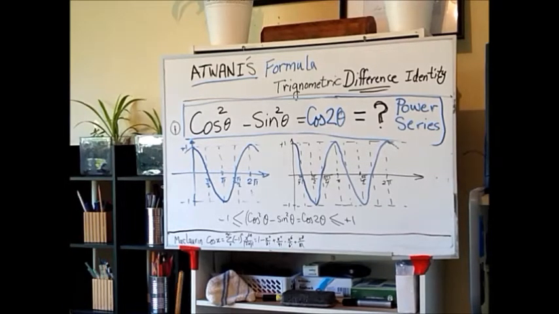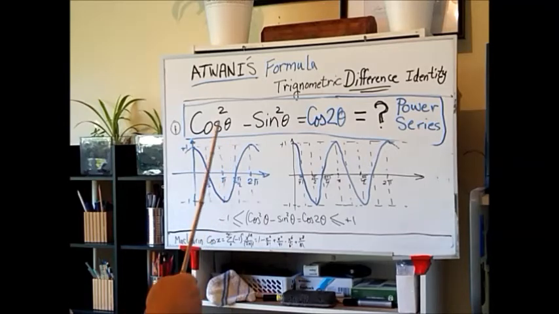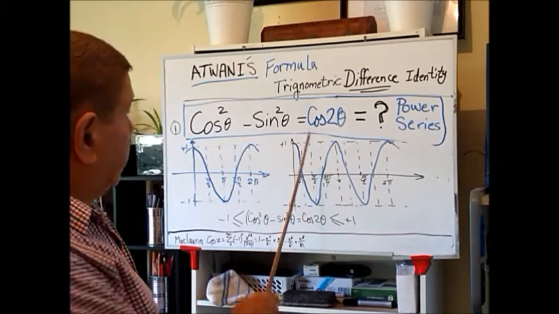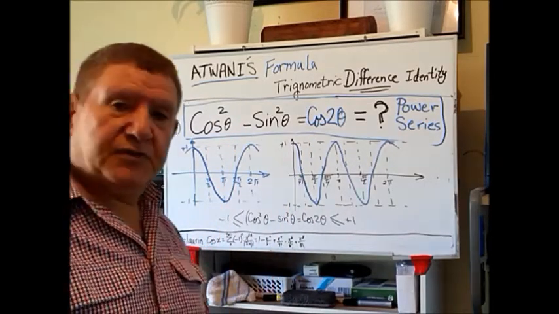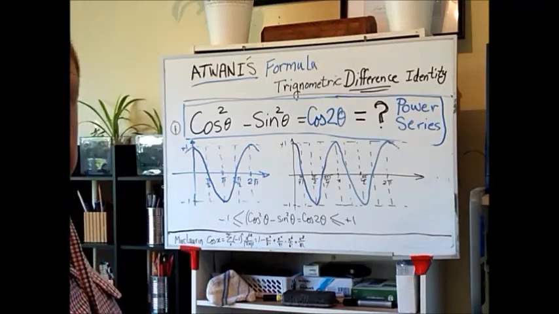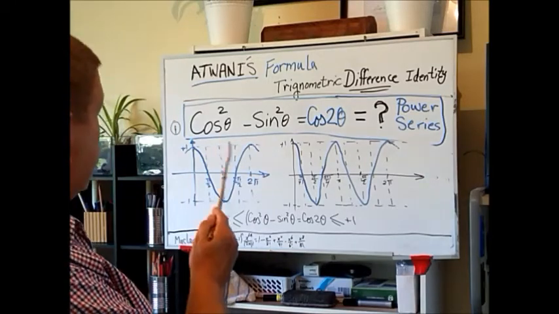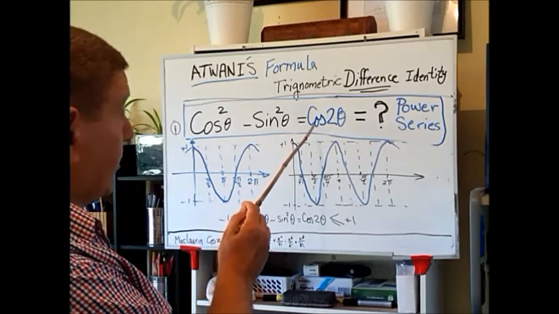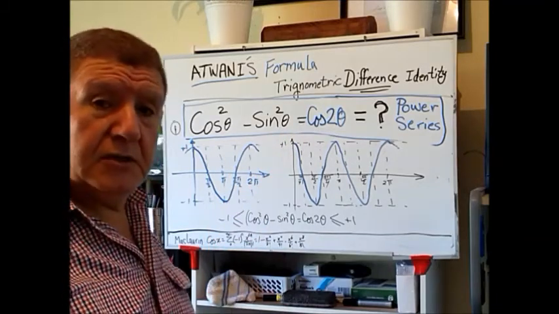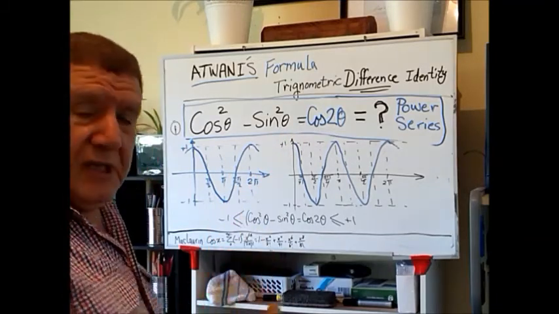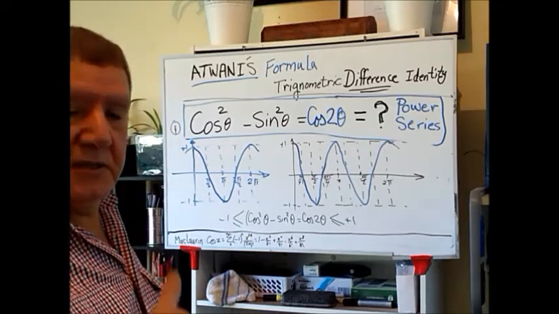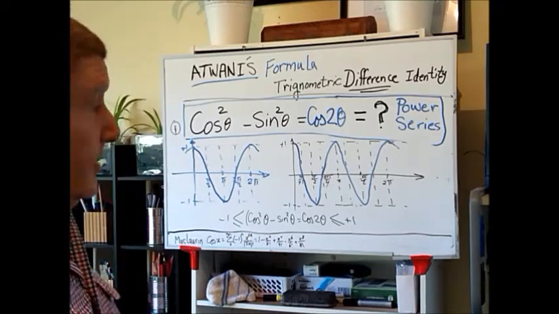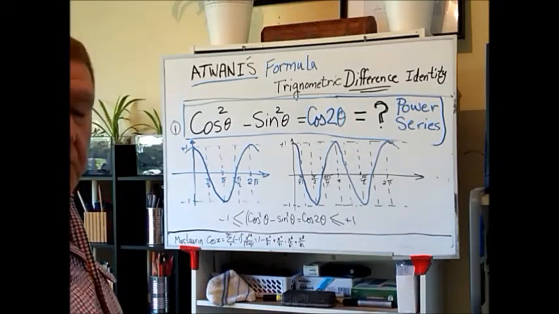So we continue now with the Atwani's formula that has been found in terms of a trigonometric expression, that is cosine squared theta minus sine squared theta equals cos 2 theta. But it has been developed further in terms of a power series.